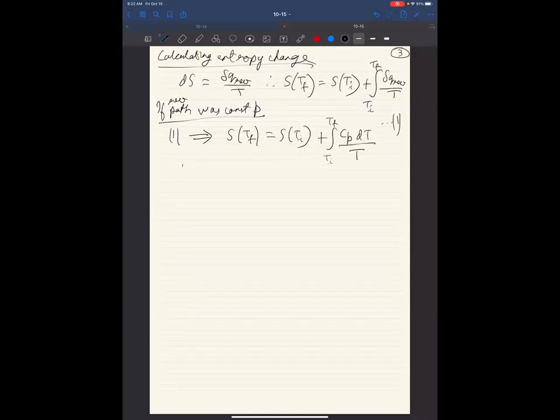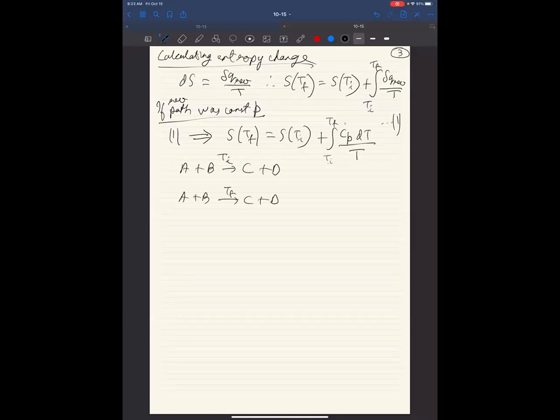Hopefully you can see, if I'm asking you whether a reaction A plus B is going to C plus D at temperature Ti, and I make you calculate the entropy of everything at temperature Ti, and then I ask you, well, what happens to this reaction at some other temperature, Tf?